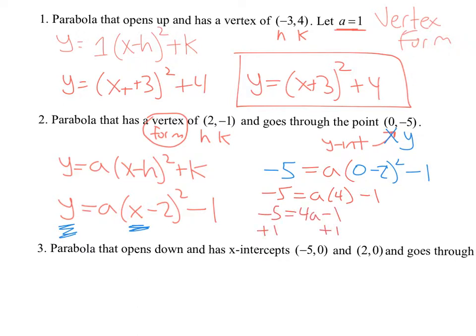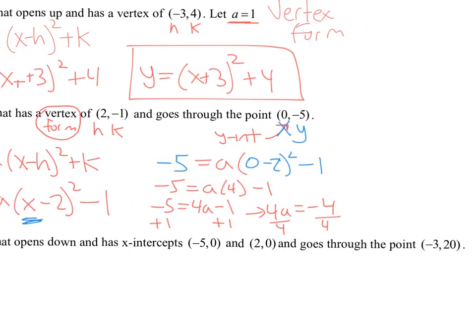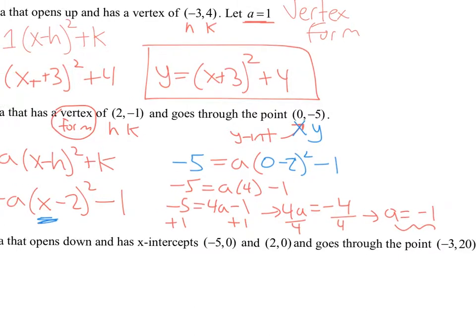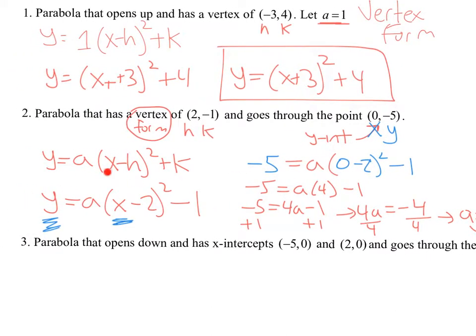So I'll add 1 to both sides, and I'll get 4a equals negative 4. And divide by 4. Okay. Divide by 4, and I'll get a equals negative 1. So now that I know what a is, I can go back to this equation over here and plug in the a value.